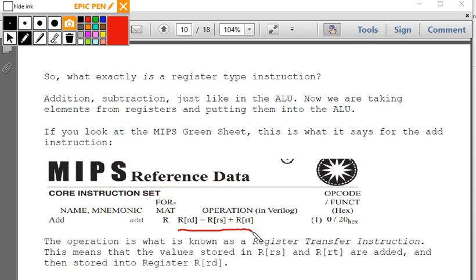Opcode's one of them. Funct's on the other end. So what are my other 4? RD's one of them. RT and RS. And I'm missing one. Shift amount, right? 5-bit shift amount.